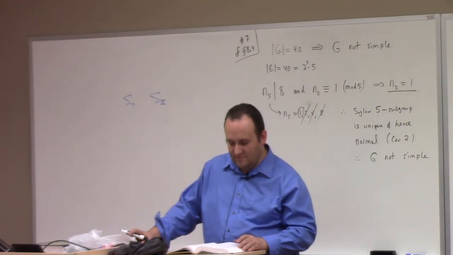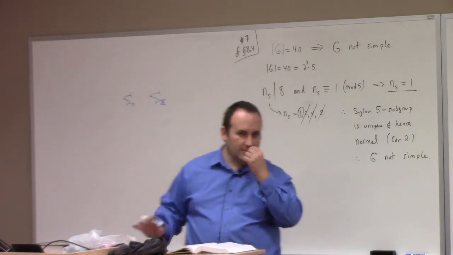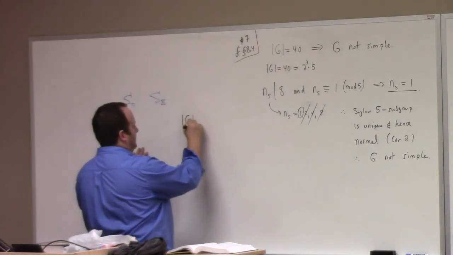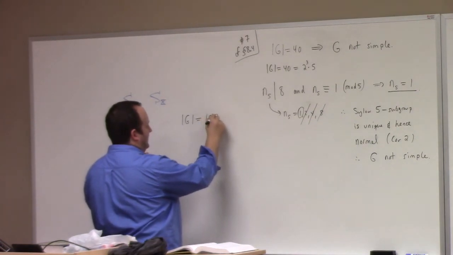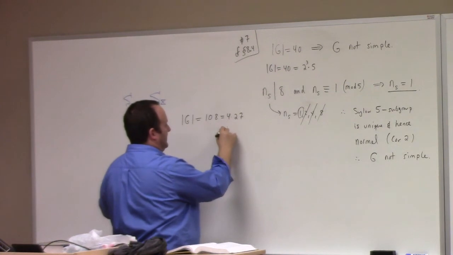What's 108? Four times 27? So let's foolishly look at this one. 108, that's 4 times 27, although I think we got the idea across already.